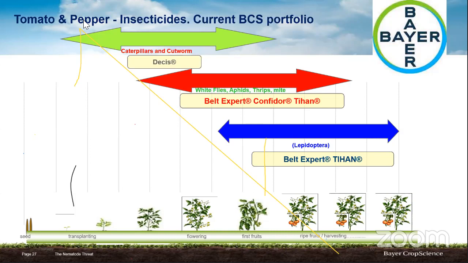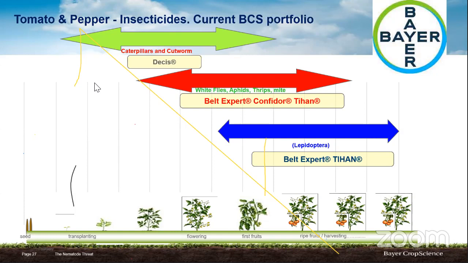Ahmed's nice presentation. I want to support Ahmed on soil drenching of Confido. Based on my experience with the product, one good thing about Confido is that when you apply it to soil immediately after transplanting, it has the ability to be absorbed by the plant through the roots, and it goes inside the plant system, both the xylem and the phloem. So it has a two-way system in the plant.